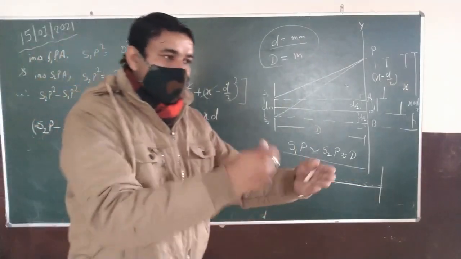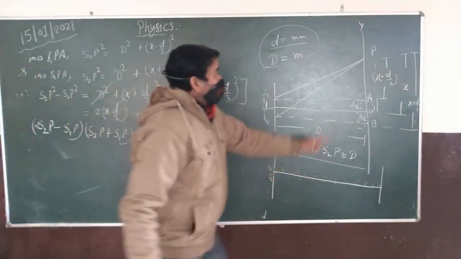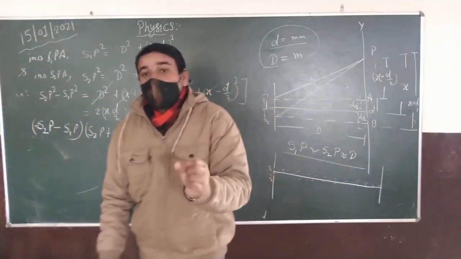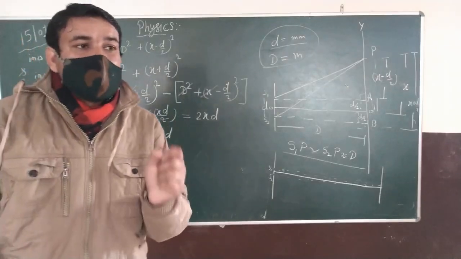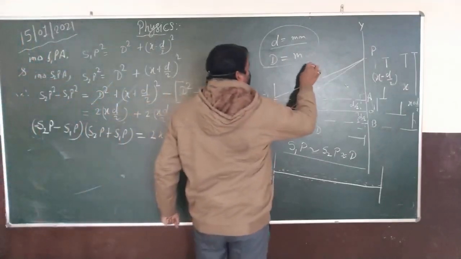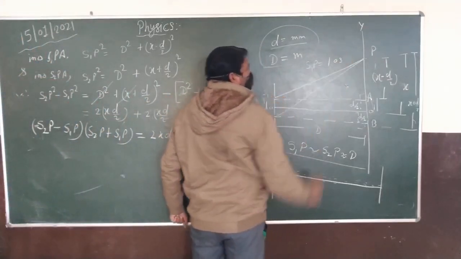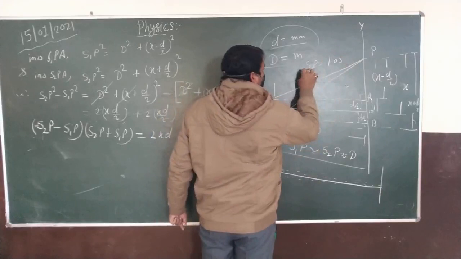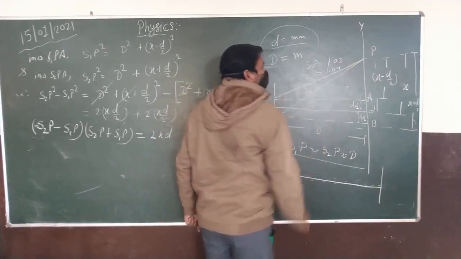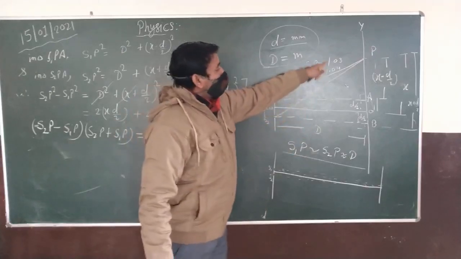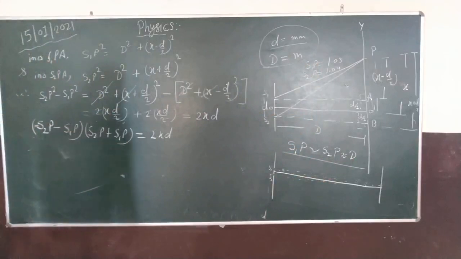Suppose the distance between the screen and the source is 1 meter and this point P is 0.03 meter. So S1P will become 1.03, okay, and S2P will become 1.04. So these two values are near to D only. Okay, so we will use here D.